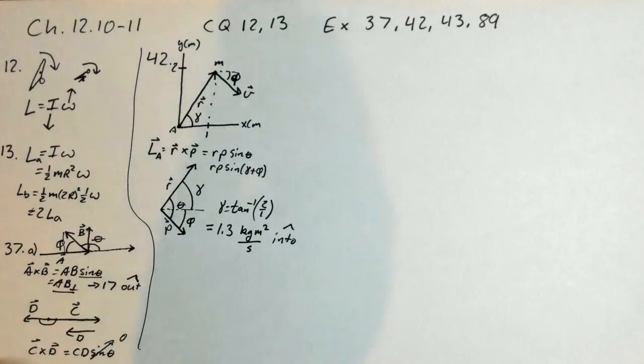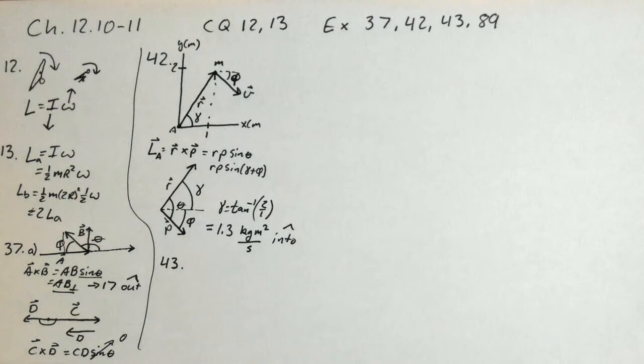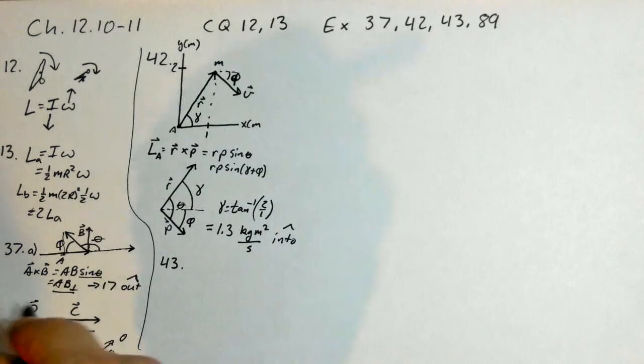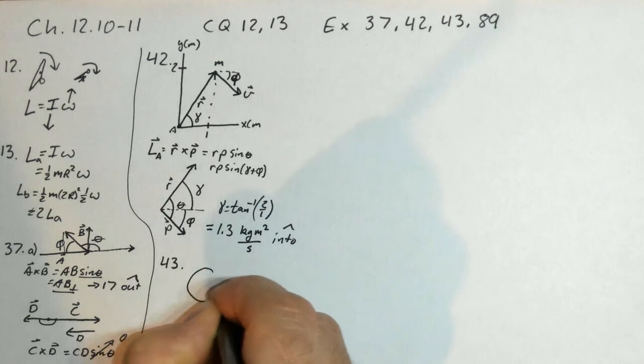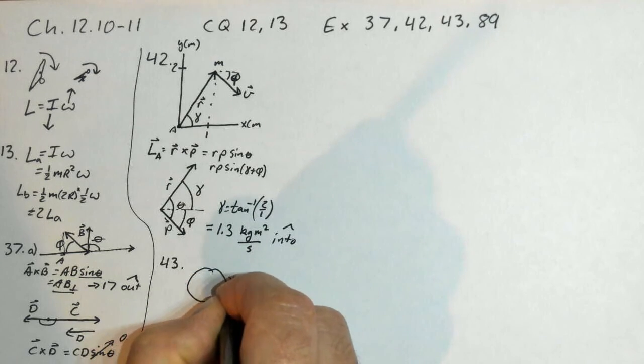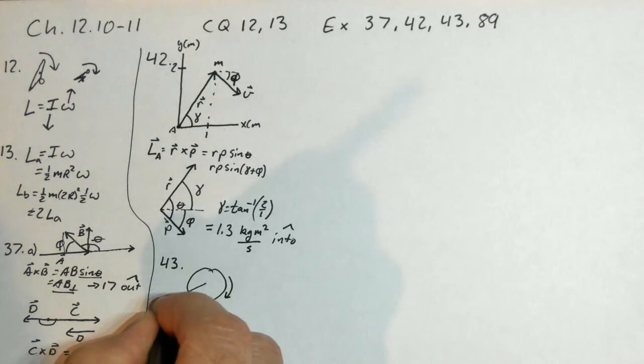Okay, very good. Now let's look at 43. 43 is another angular momentum definition problem. We have a disk that's spinning this way, with the axis of rotation being the x direction.